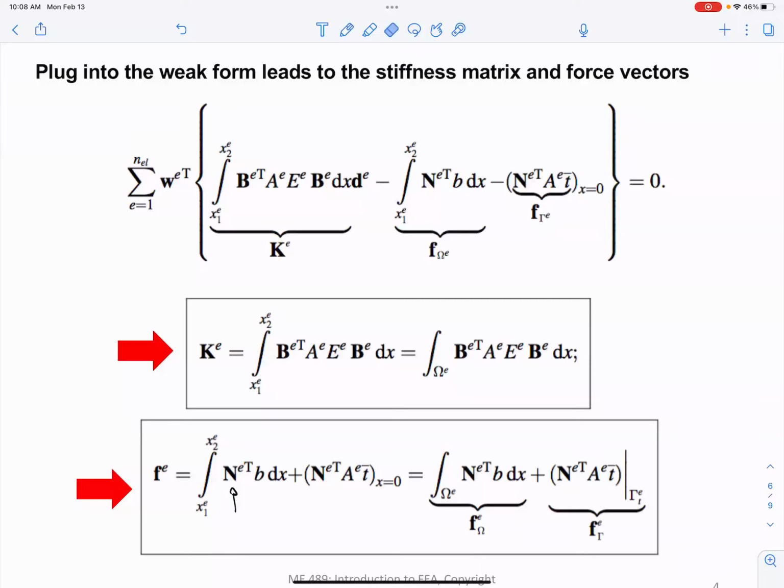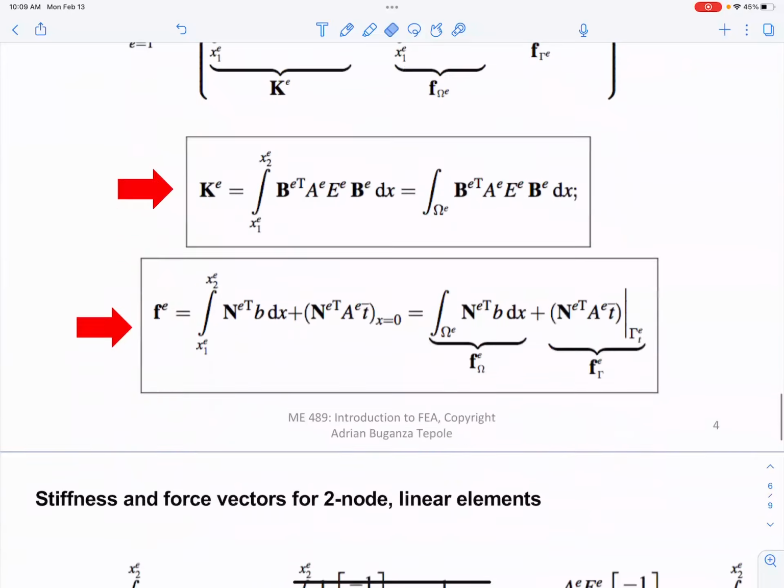So it's just different notation if you want to go back to the book, but these are the same elements that I had before. Stiffness matrix, force vector is the same, it's just compressed into vector operations. I think that's about it.